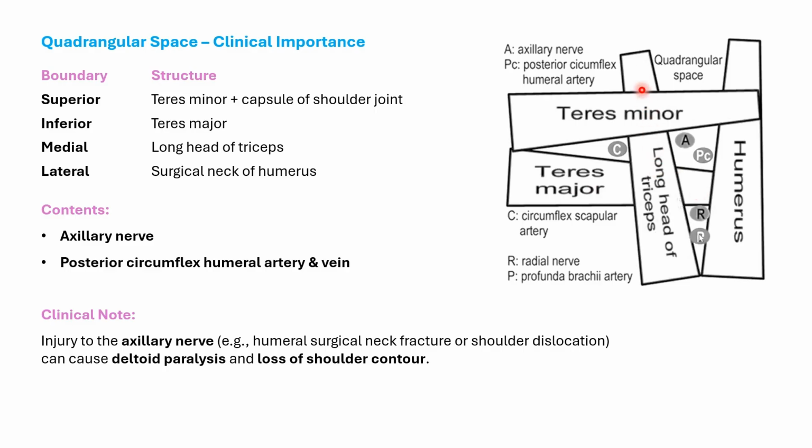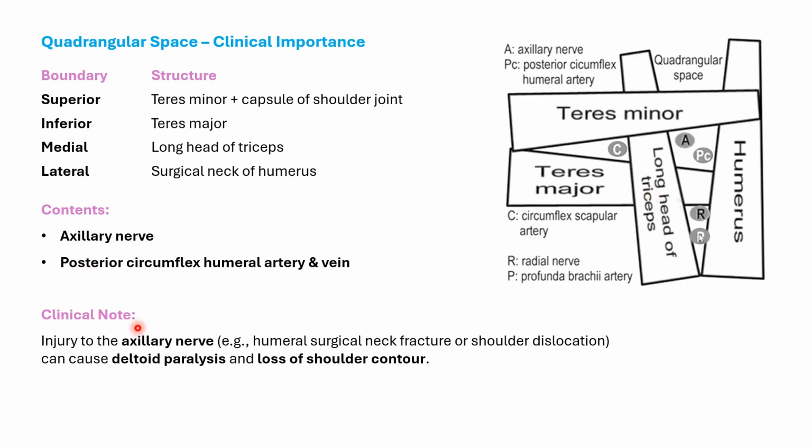The medial boundary is formed by the long head of triceps. The lateral boundary is formed by the surgical neck of the humerus. And the quadrangular space conveys two structures: the axillary nerve and the posterior circumflex artery and vein.